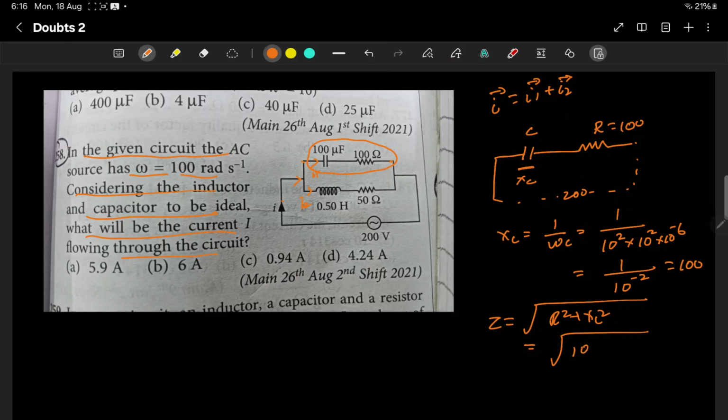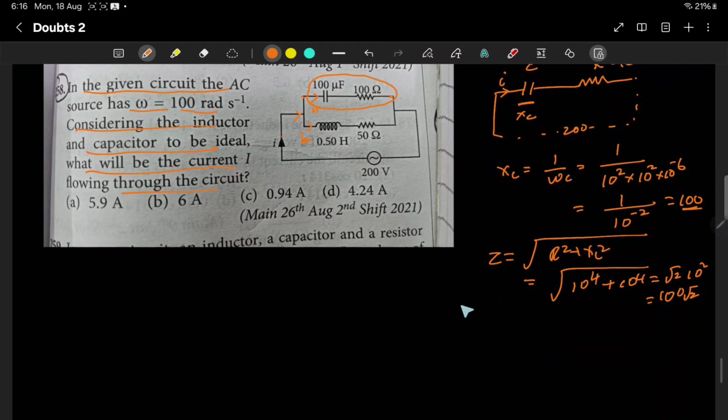So this is 10 to the power 4 plus, again if you square this, 10 to the power 4, we will get root 2 into 10 to the power 2, which is 100 root 2. Then what will be the current flowing here? That we have to find. So current flowing here is nothing but V by Z. V is 200, 200 by 100 root 2, so we will get root 2 ampere as the answer.